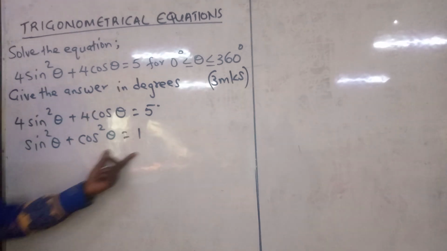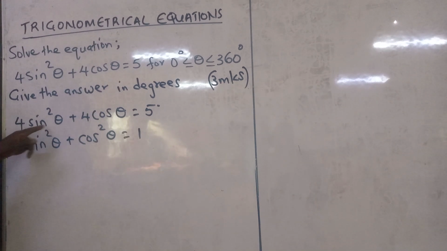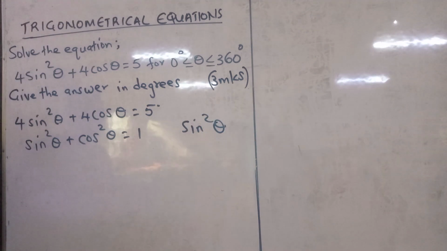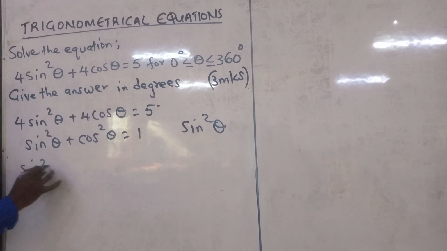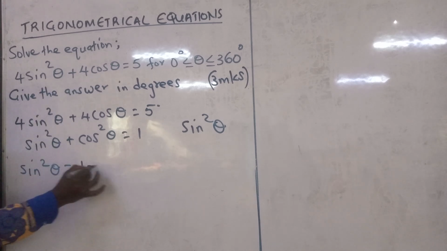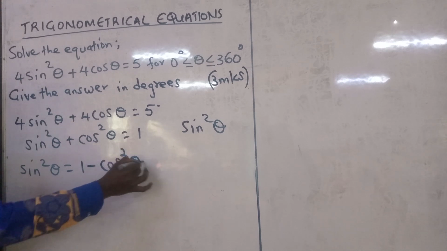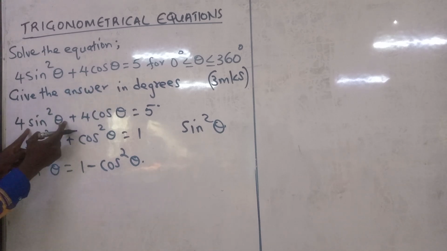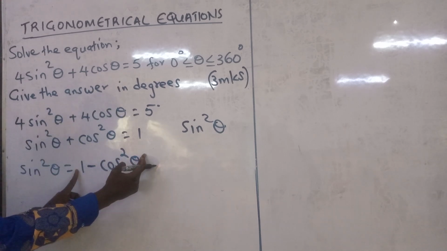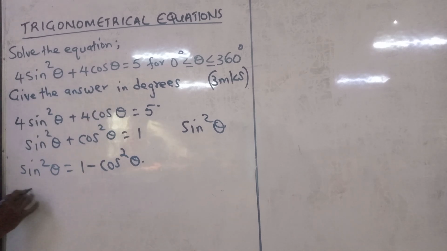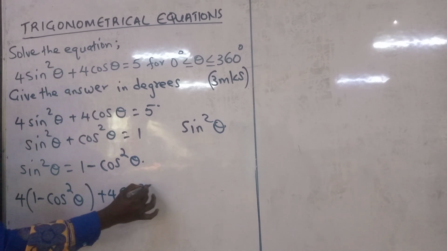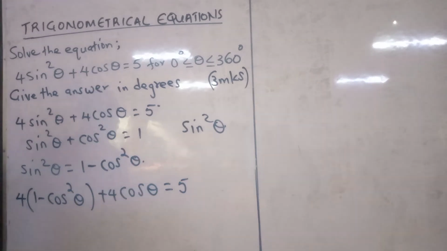Having this Pythagoras identity, we can make sine squared theta the subject, to have sine squared theta is equal to 1 minus cos squared theta. So having this as our substitute, we can now replace sine squared theta in our question with 1 minus cos squared theta, and we will have 4 into brackets 1 minus cos squared theta plus 4 cos theta is equal to 5.